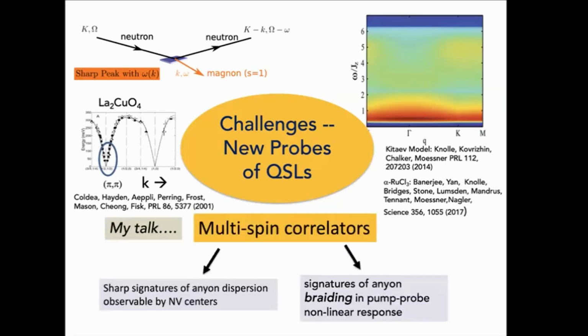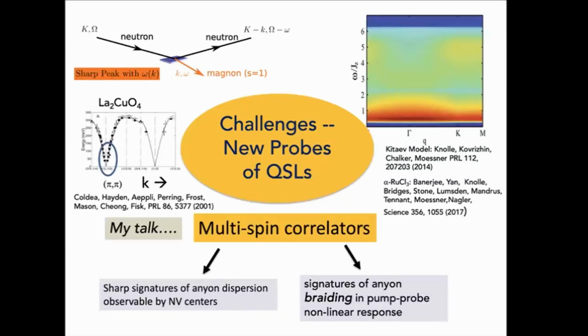In my talk, I'm going to present two ideas. I'm going to go toward multi-spin correlators. Neutron scattering is essentially a two-spin correlator, and I'm going to go toward higher-order correlators.